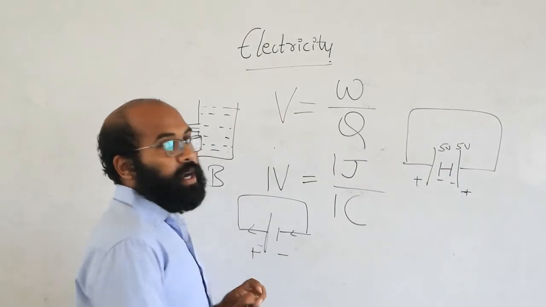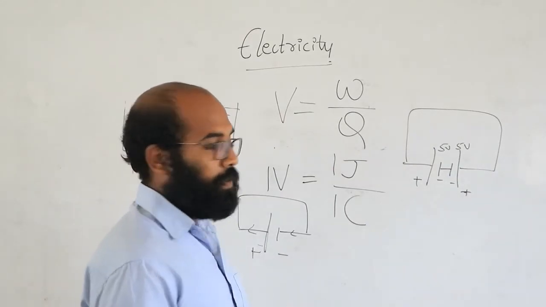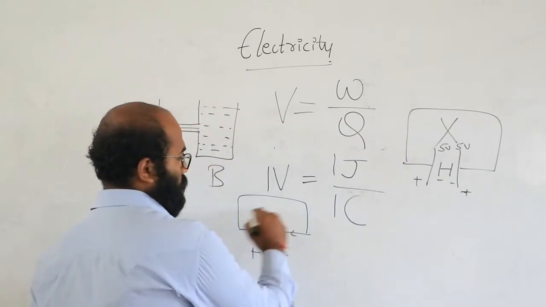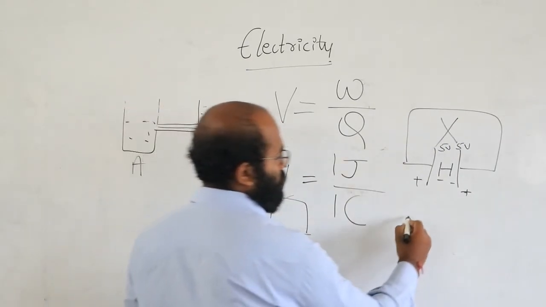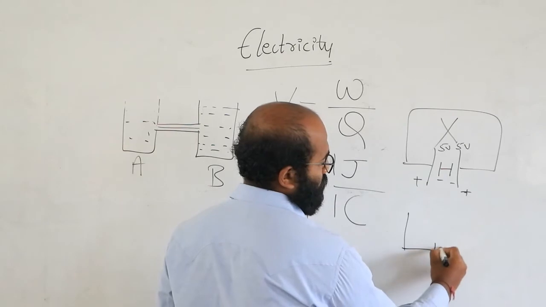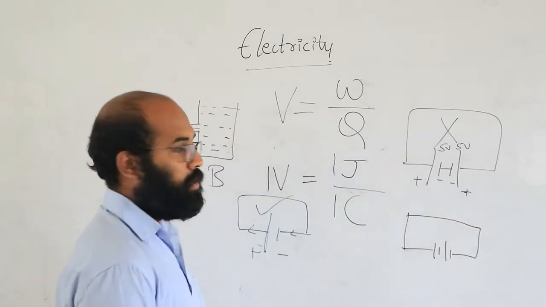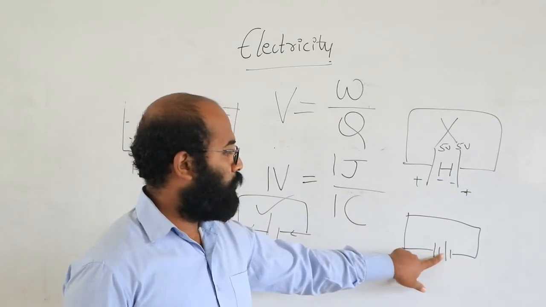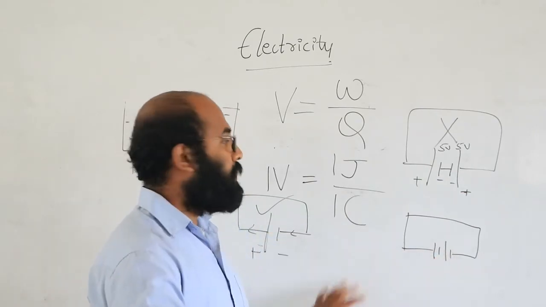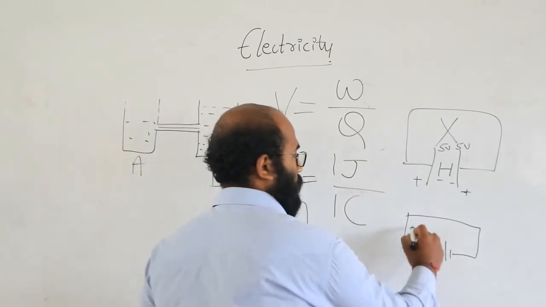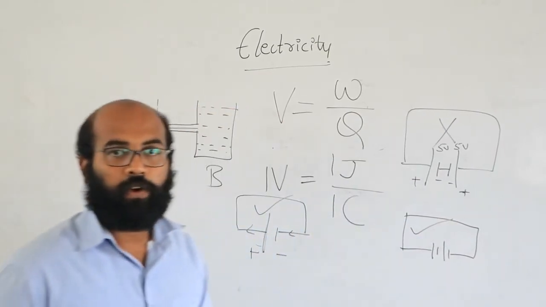So if you want the current to flow, the earlier connection is not possible; this is possible. If you have two batteries, this is how you need to connect: positive, negative, positive, negative. Only when you make such a connection does the current flow. If not, the current will not flow.